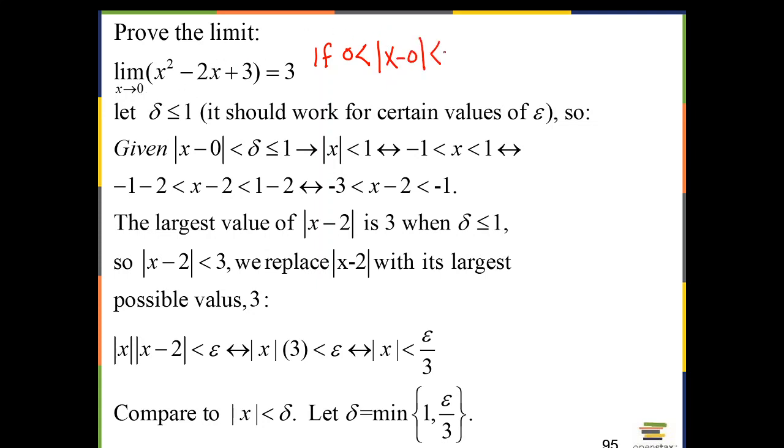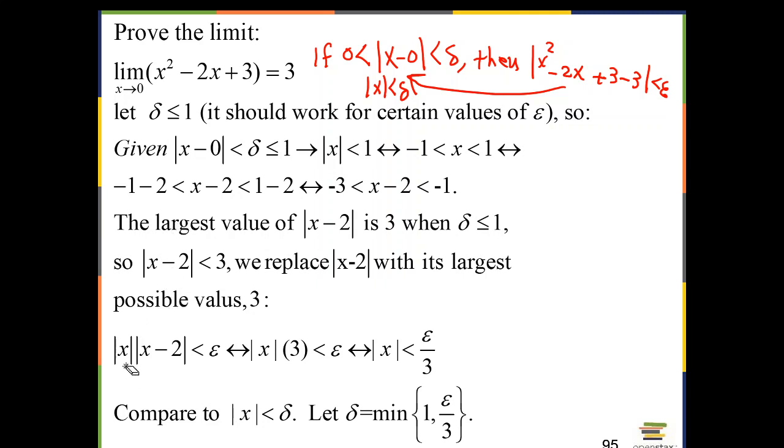Minus 0 is less than delta, then absolute value of f of x, which is x squared minus 2x plus 3 minus 3, is less than epsilon, right? So if you start from here, we want to get that out of it, which is, by the way, x minus 0 is just x. So this is really absolute value of x less than delta, right? So if we want to get this out of here, if we set it up, we get what?